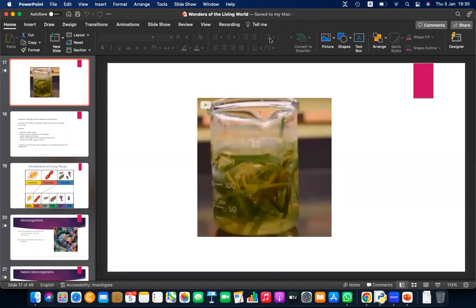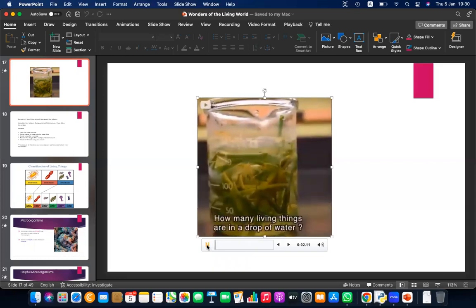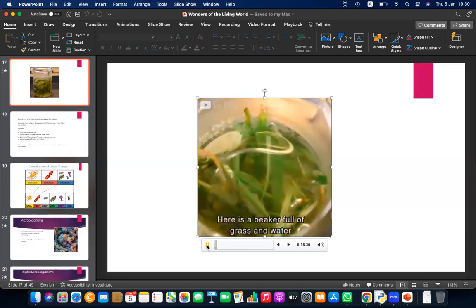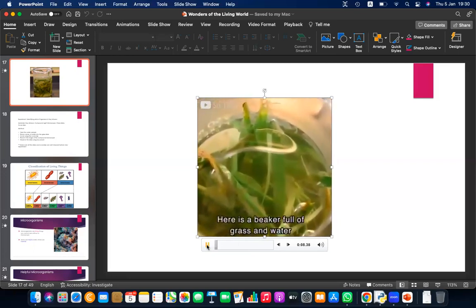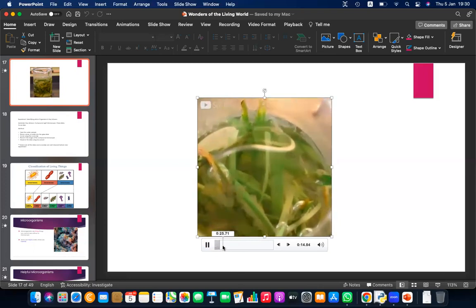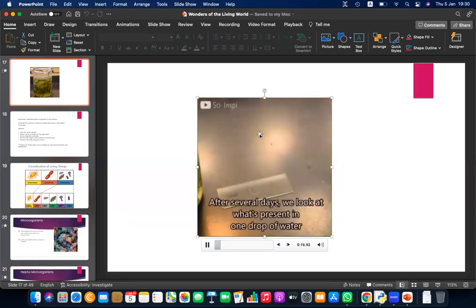Okay, what is this? Inside this beaker, you can see hay. Or you can even put grass, hay or any plant material, and you have to keep it for 2 or 3 days. After keeping it for a few days, this grass is basically a kind of food.